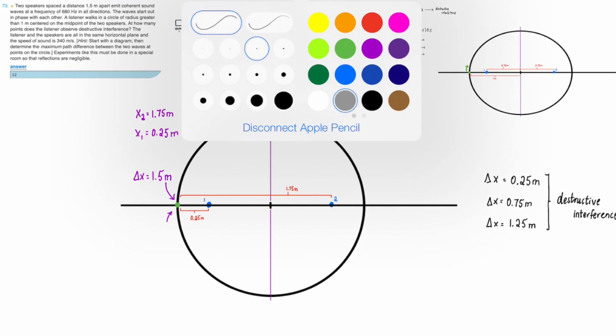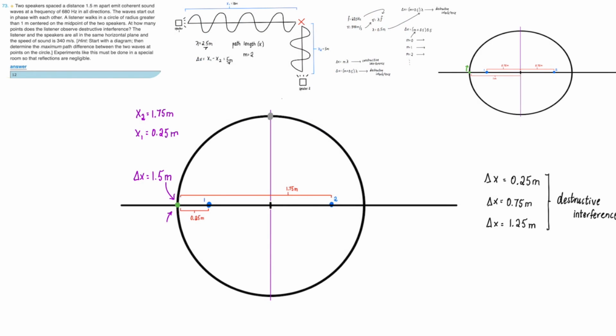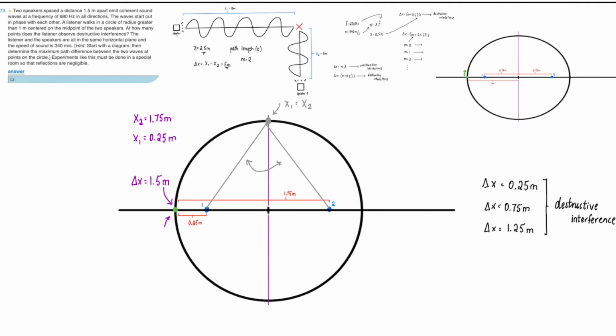So at the gray point right here, path length of speaker 1 would be equal to path length of speaker 2. Another way you can think of it is that these 3 points form an isosceles triangle. And so these two distances over here are equal to one another. So in this case, if the listener would be at the gray point along the circumference of the circle, the path length difference would be equal to 0 meters.